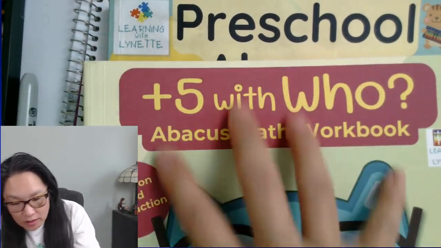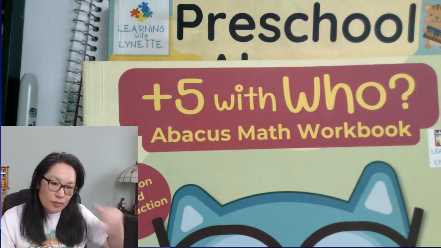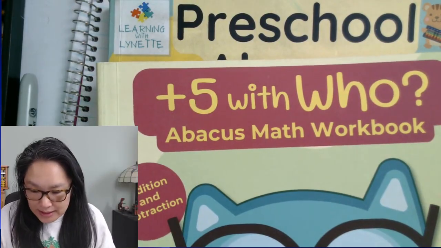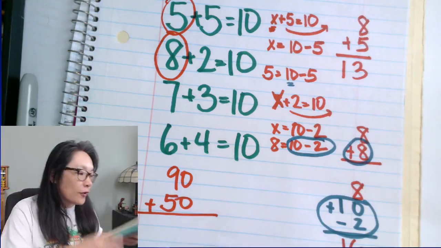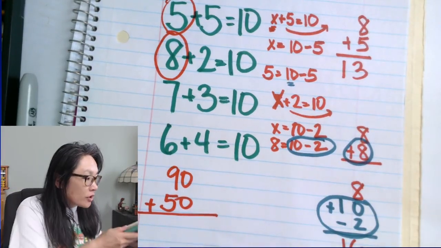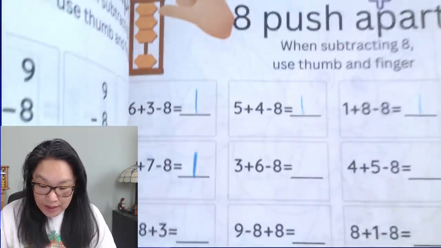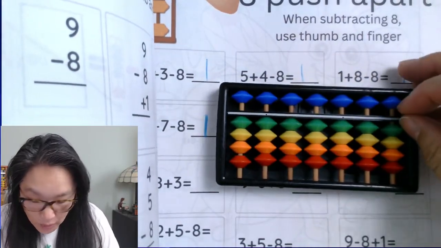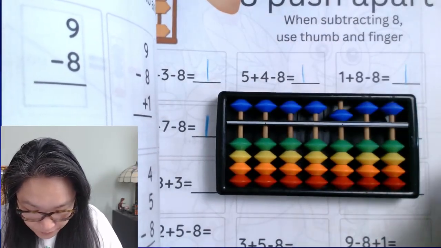And that's when we start talking about how do we make a 5, how do we do this, and then the next book would be so forth. So there's a whole framework when it comes to learning abacus. It's not just a free for all. When you do see the questions, you might think, wait a minute, this is really big. But it's not. Because why? Because when you look, we do 5, we add the 5, right?